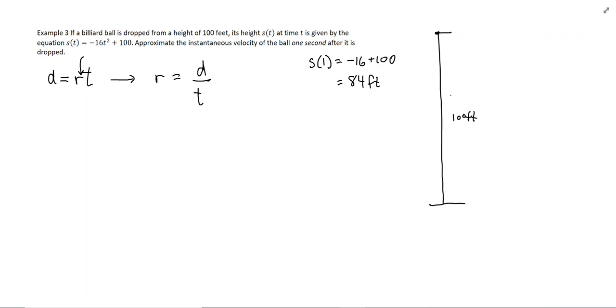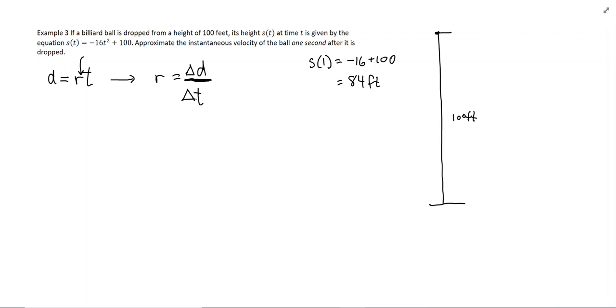Okay, so it's maybe a little bit helpful to view this equation, r equals d over t, as a term that's giving us changes, right? So the rate is the change in distance, or the distance traveled over some interval of time.